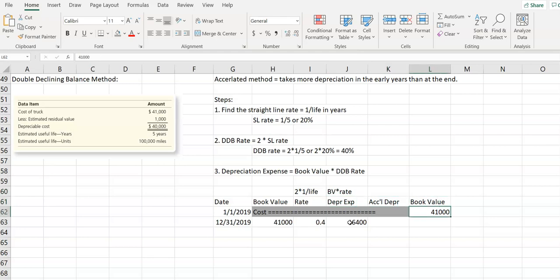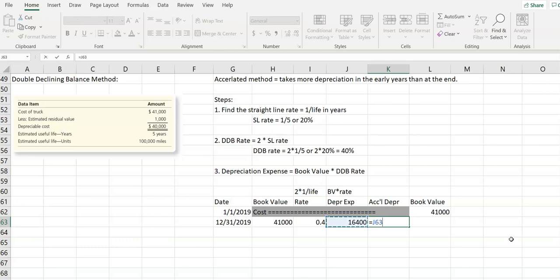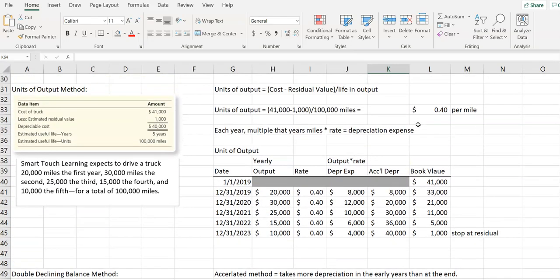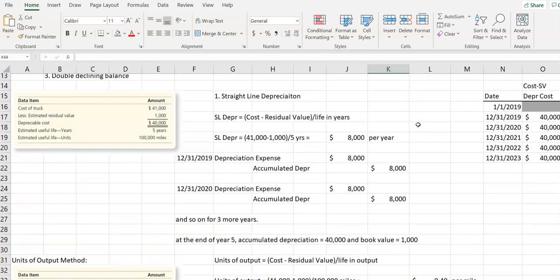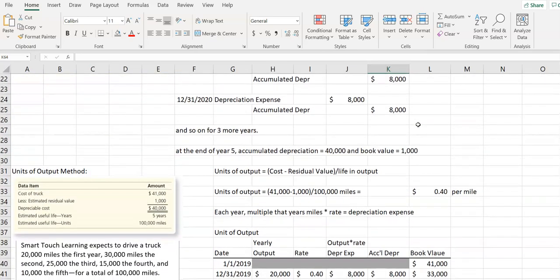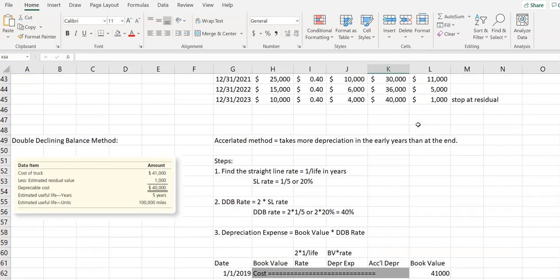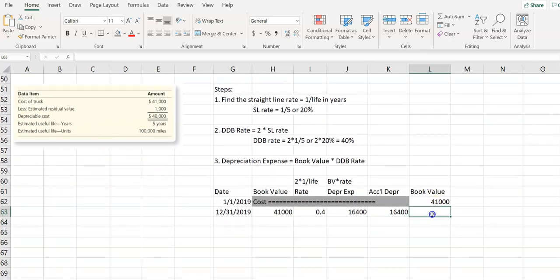And then accumulated, remember, you just add across. Look at this first year, it's 16,400. Compare that to the 8,000 we had up here under straight line. So it's an accelerated method. It takes more depreciation up front, or in the earlier years. Then our book value is the cost minus accumulated.